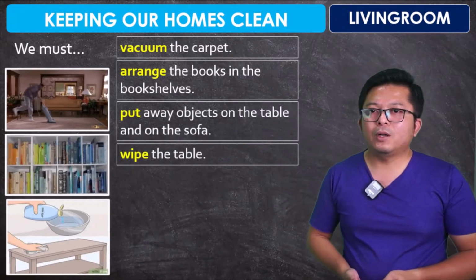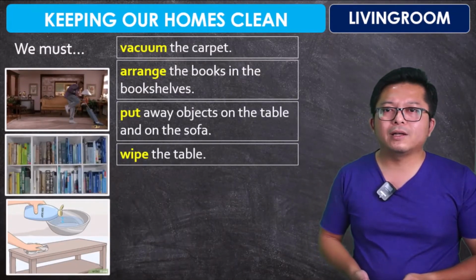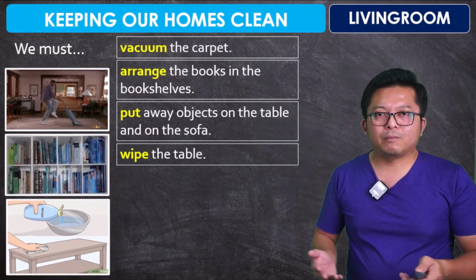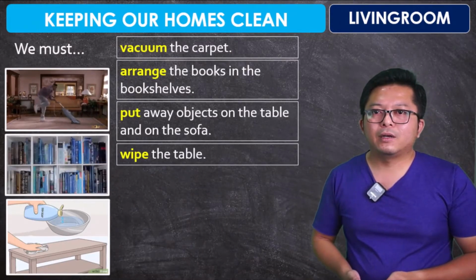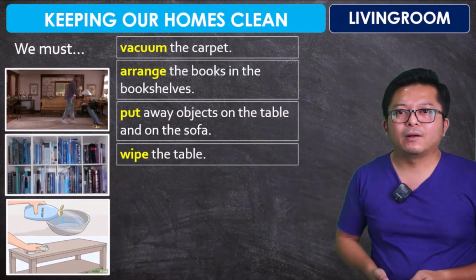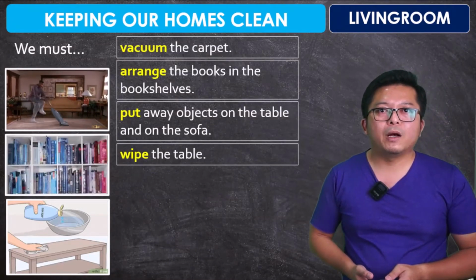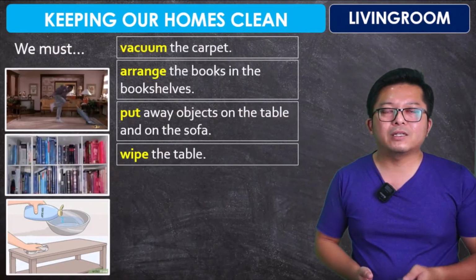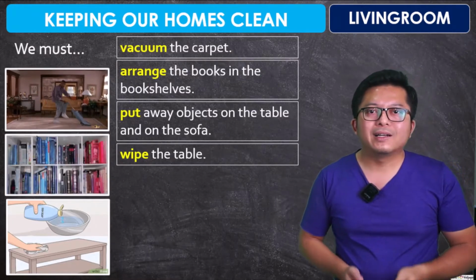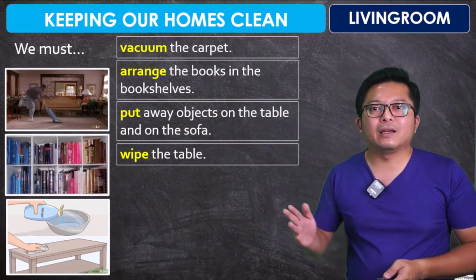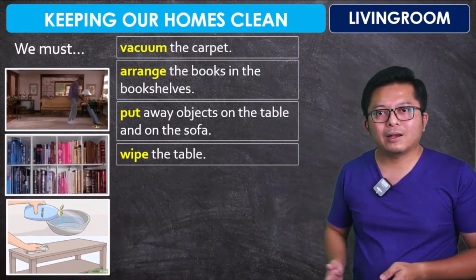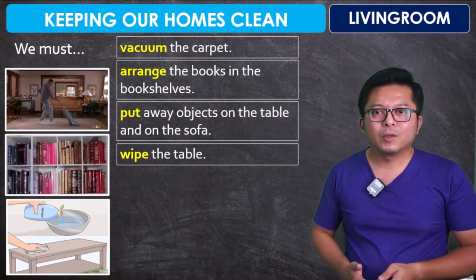Next, put away objects on the table, coffee table, and on the sofa, and also wipe the table if it's dusty or dirty. Clean the table, wipe it with a cleaning cloth.